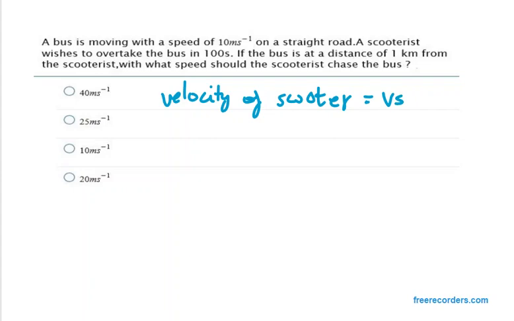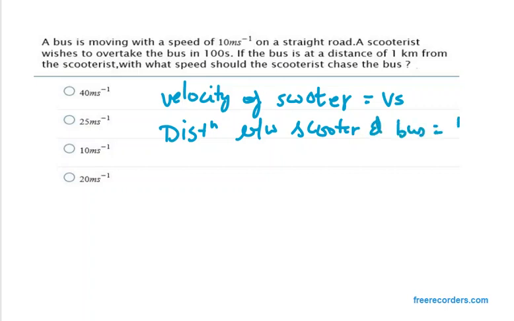Now the distance between the scooter and bus is 1 kilometer, and 1 kilometer is 1000 meter. The velocity of the bus given to us is 10 meter per second.